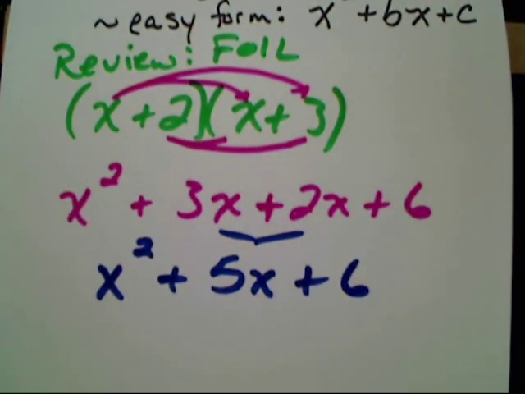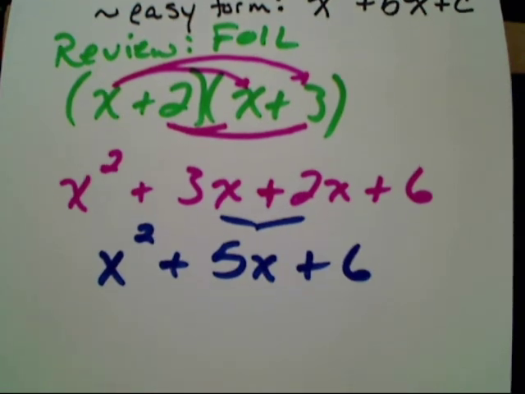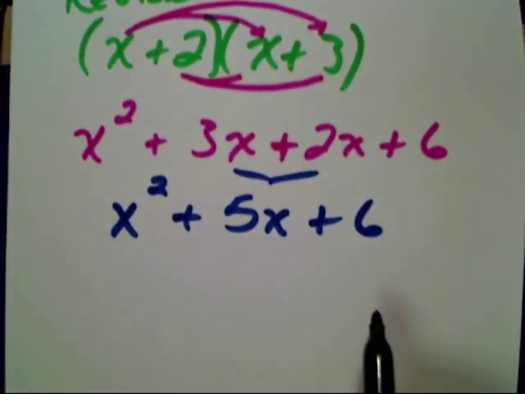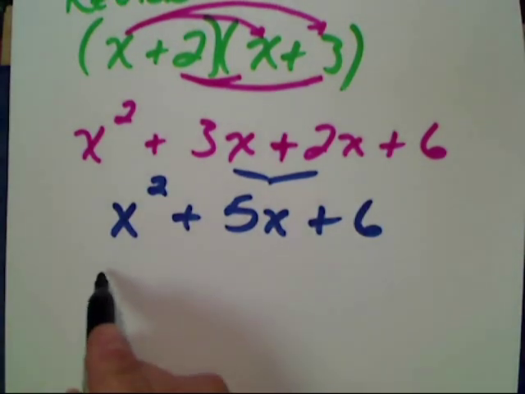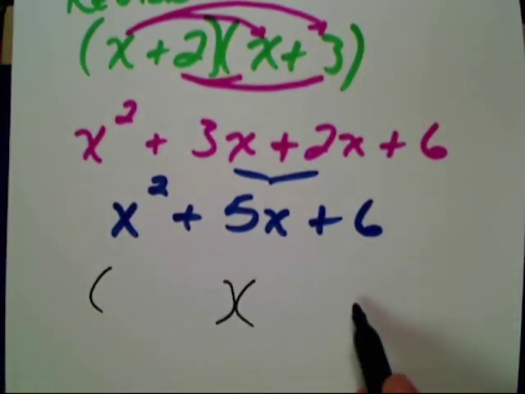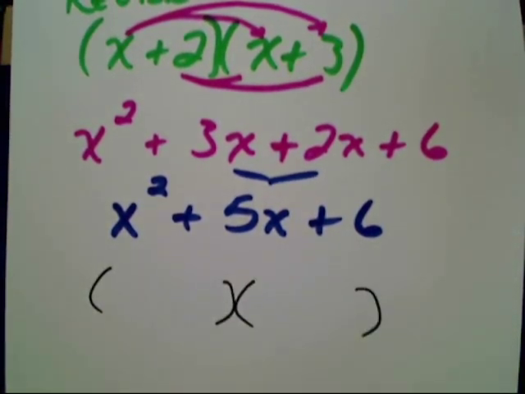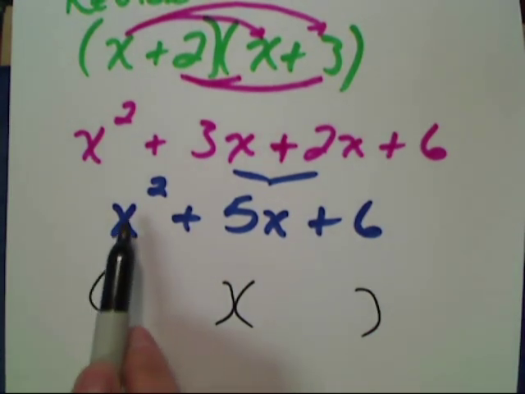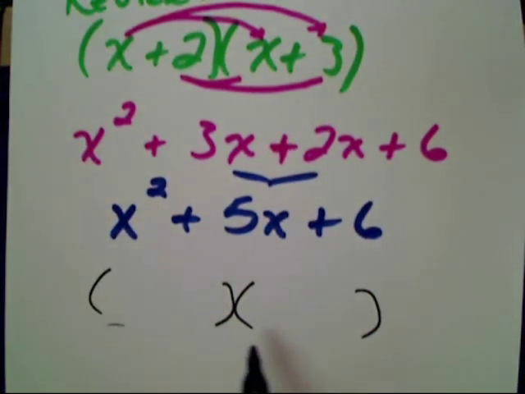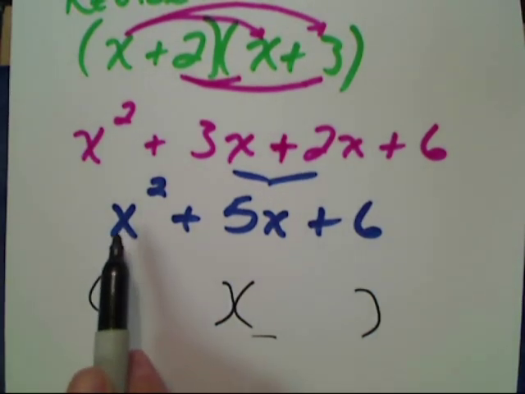So thinking about working this backwards, we're starting with a trinomial this week, and we want to write it as a product of binomials. Now once again, we never had any like terms with the x squared, so the first terms here and here of your binomials will multiply to get you x squared.